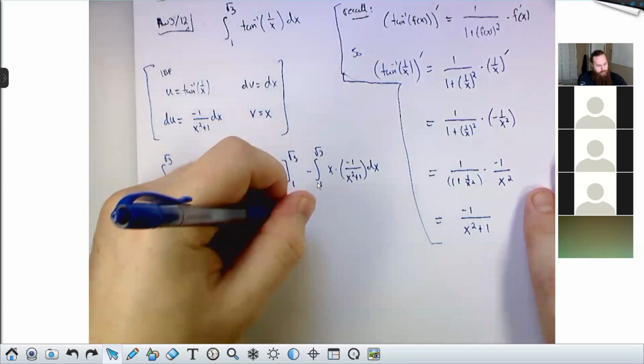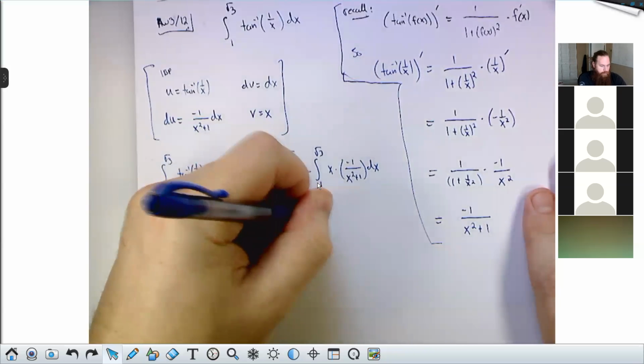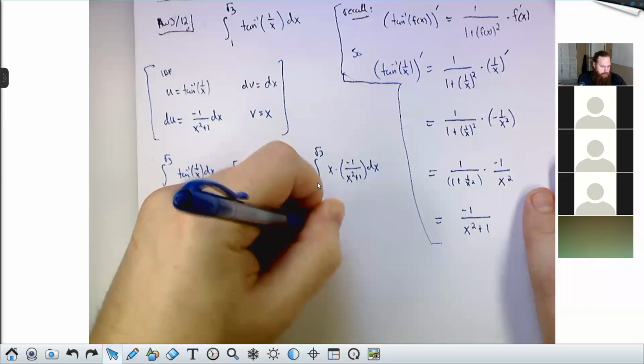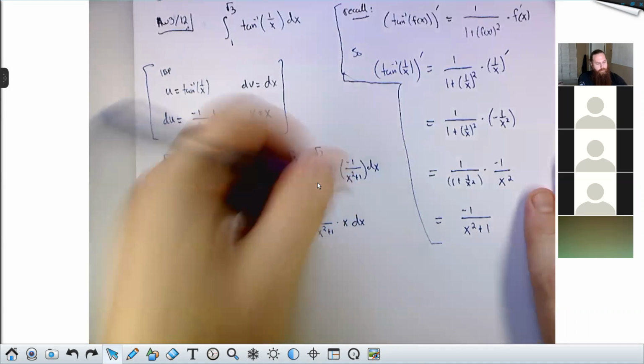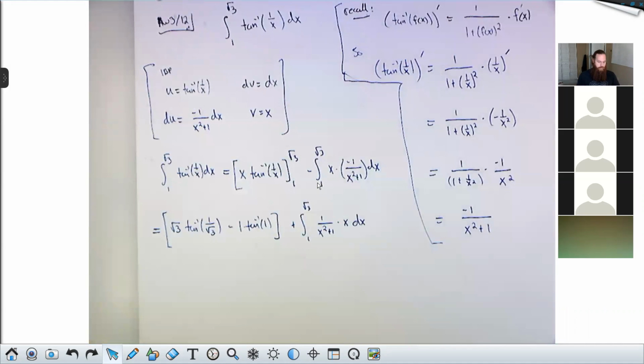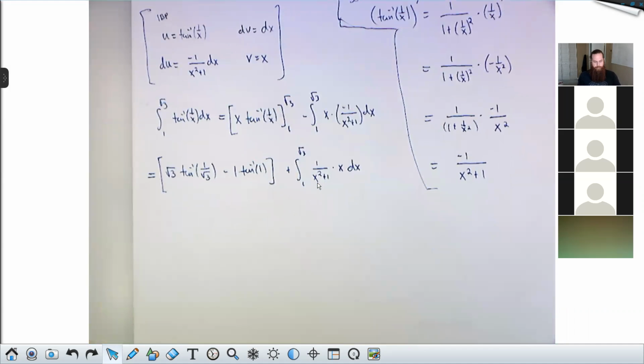And then I'll have plus integral 1 to the square root of 3, 1 over x squared plus 1 times x dx, because I'm thinking about making a substitution there. All right, who can help me out? What is the inverse tangent of 1 over the square root of 3?